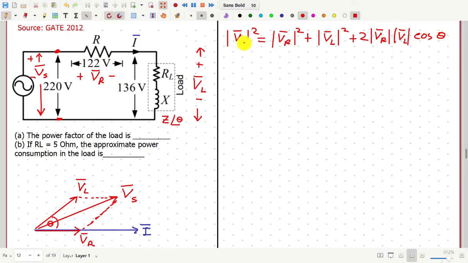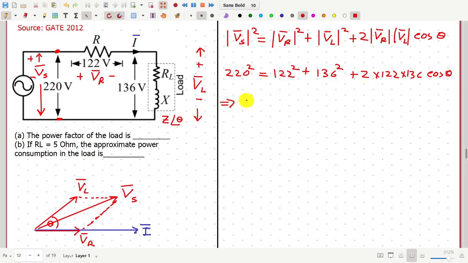Now the magnitude of Vs squared is 220 squared, so we have 220 squared equal to the magnitude of VR, 122 squared, plus the magnitude of VL, 136 squared, plus 2, here 122 into 136 cosine theta.